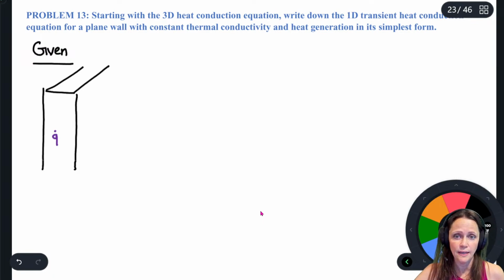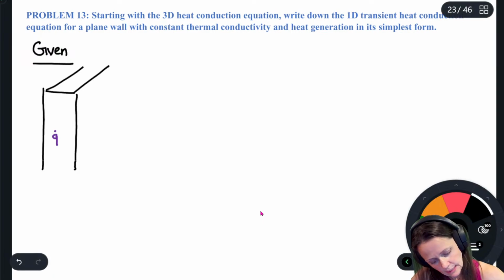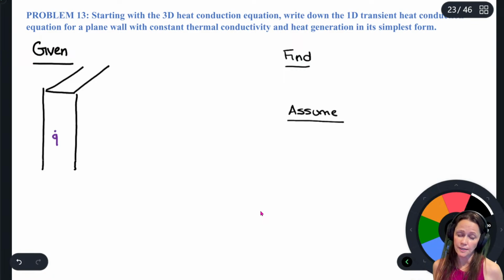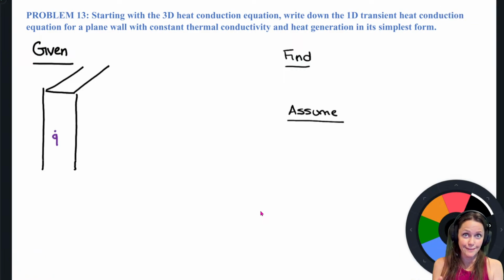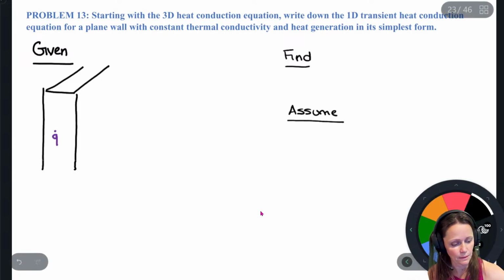Okay, fine. All right, so it's transient, so I can't really get rid of the first derivative of temperature with respect to time.